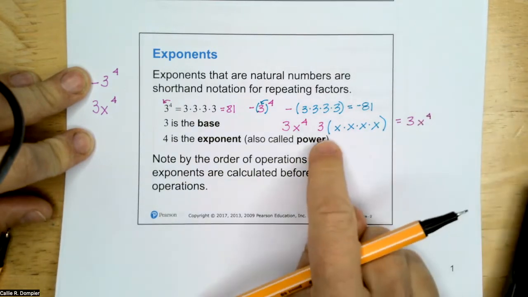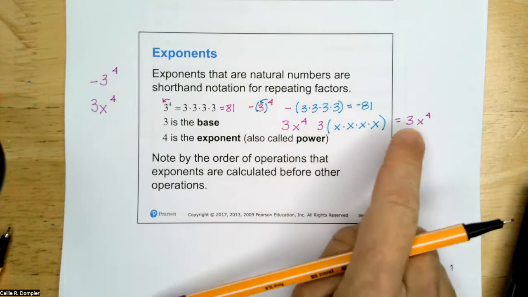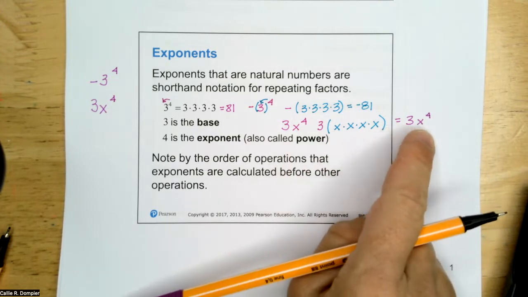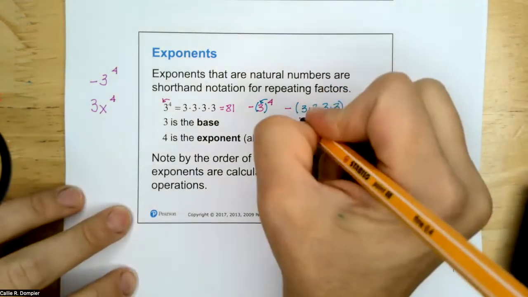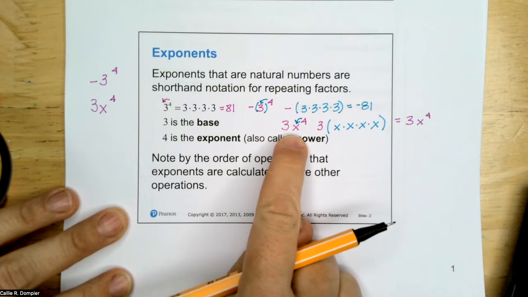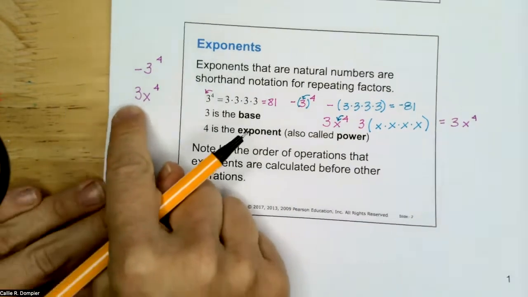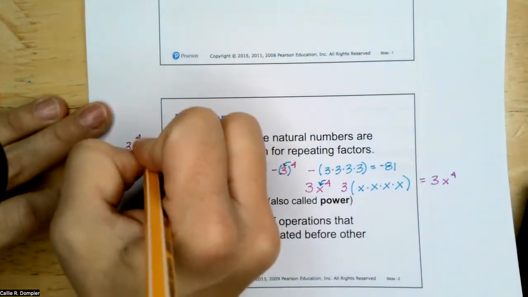For x times x times x times x, I can't simplify it more than x to the 4th. But it is not 81x to the 4th, it's just 3x to the 4th. That 4 only goes to the one term closest to it unless there are parentheses, okay? So -3 to the 4th is actually -81.